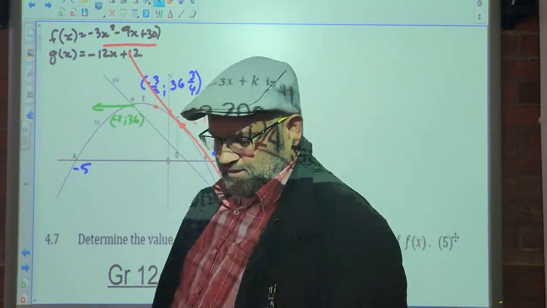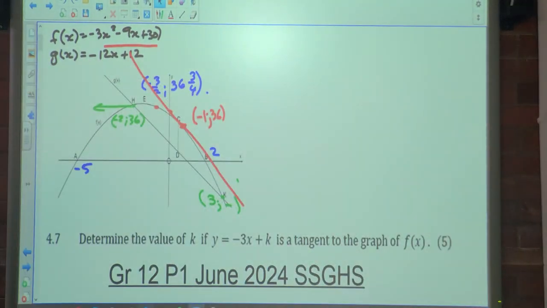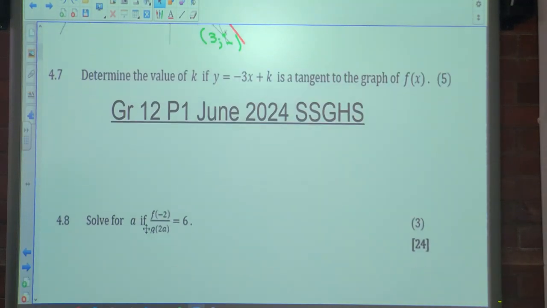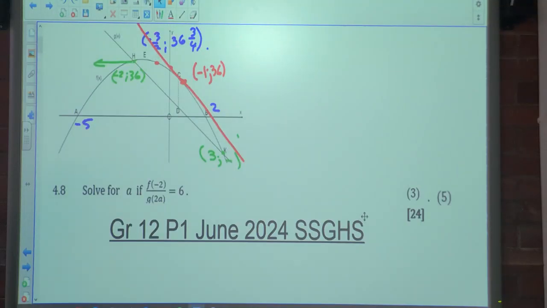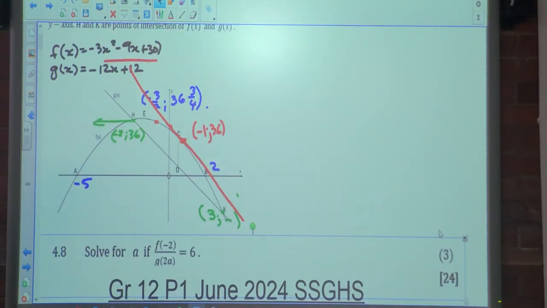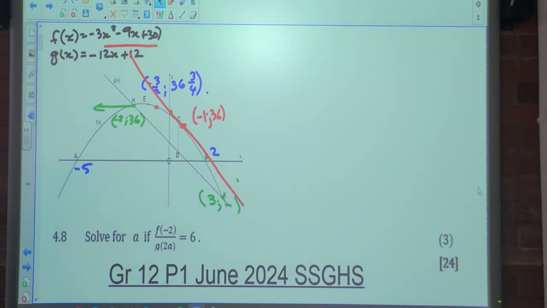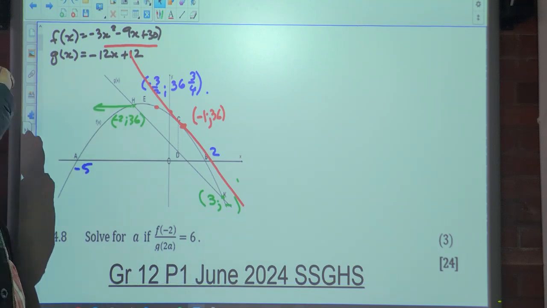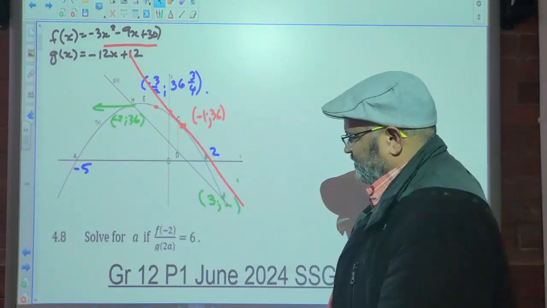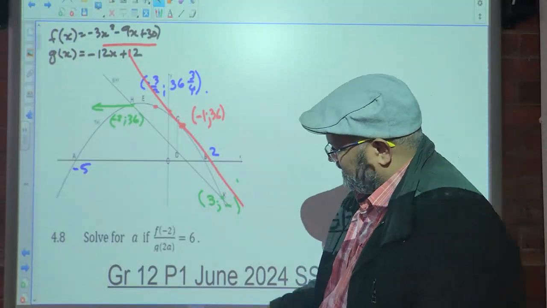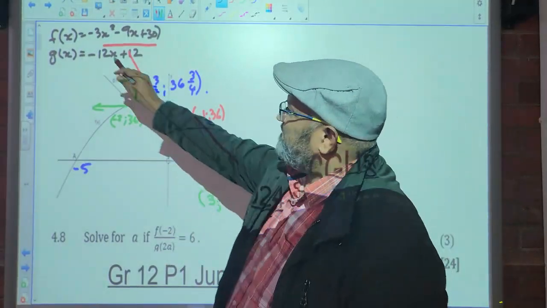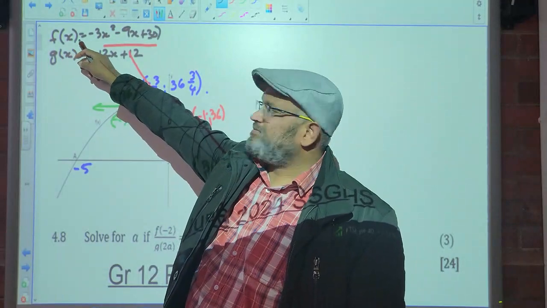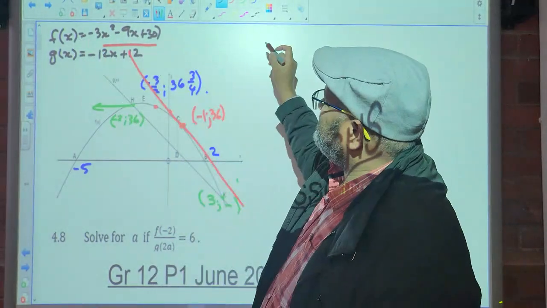Okay. So let's look at the next question. The next question says 4.8. Solve for a, if f(-2) over g(2a) is equal to 6. So f(-2), remember this is f(x) here. So whenever I see x, I put a -2.